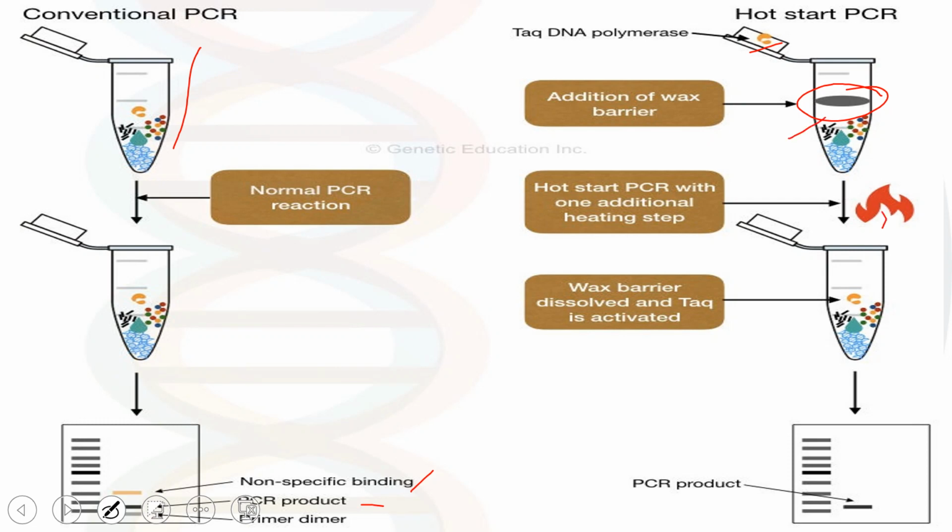Once we heat the temperature to 94-95 degrees centigrade, this wax will melt, and then the DNA polymerase will come in contact with the template DNA. In that case, you don't have non-specific binding. So the difference between this result and this result is that only the PCR product is there, with no non-specific binding. So this is one method.